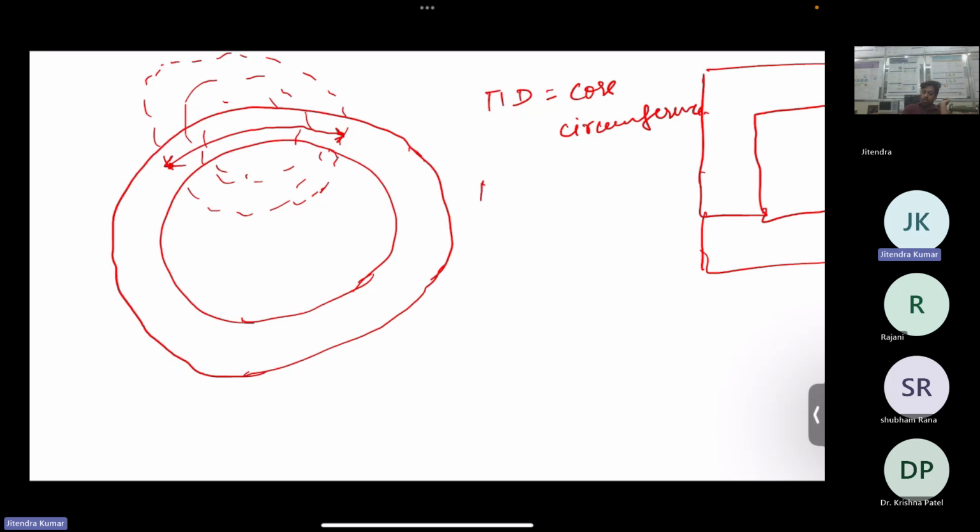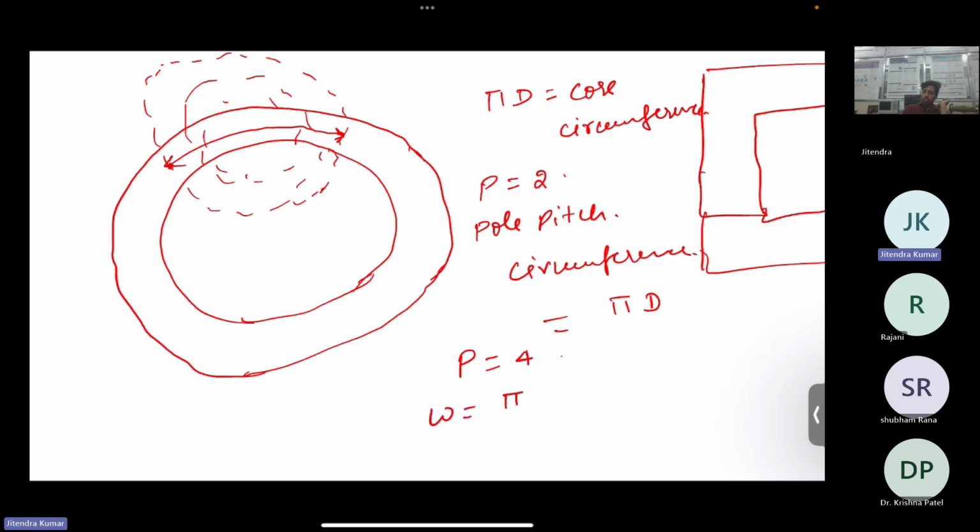And if the number of poles is equal to 2, this width, the pole pitch, will also be equal to pi d. If you have P equal to 4, then this width will be pi d by 2. So that is nothing but pi d divided by P by 2, and P by 2 is nothing but the pole pair.